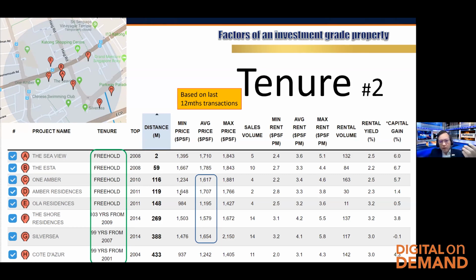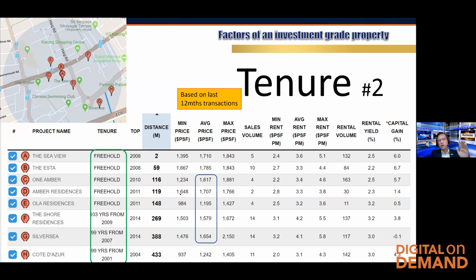But you look into this type of property, one leasehold, one freehold. When you sell it in the open market, the average price per square foot is generally not much of a great difference. I say this because I want to point out to you, if you want to invest in leasehold, go ahead and invest in leasehold, all right?